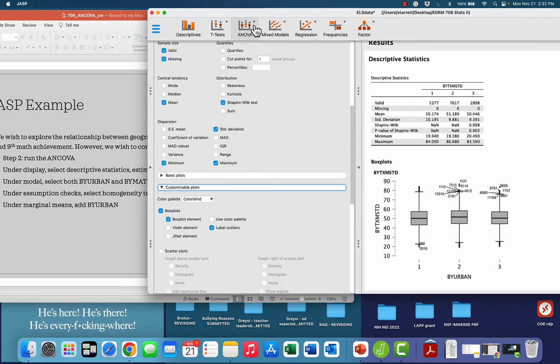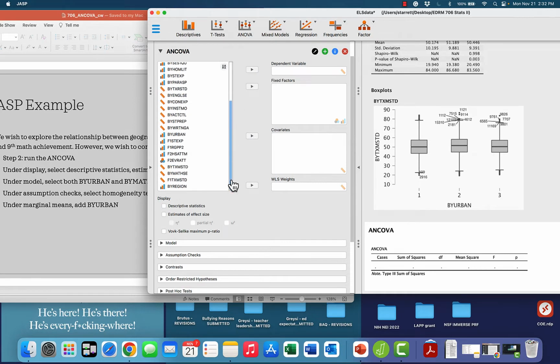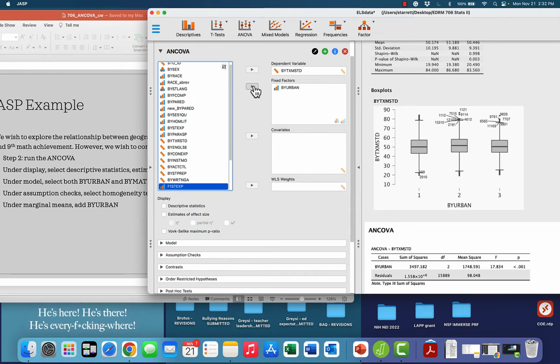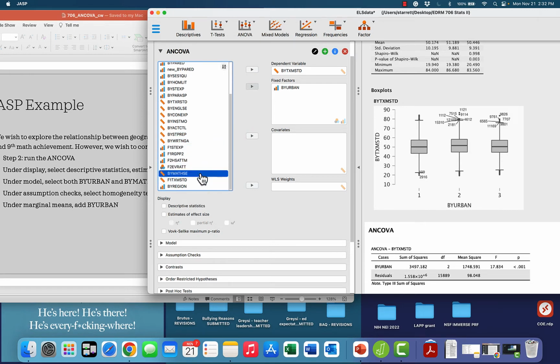We're going to go to ANOVA, ANCOVA, and our dependent variable is our standardized math achievement, base year. Our fixed factor is base year urban, and our covariate is math self-efficacy. There it is towards the bottom, base year math self-efficacy.